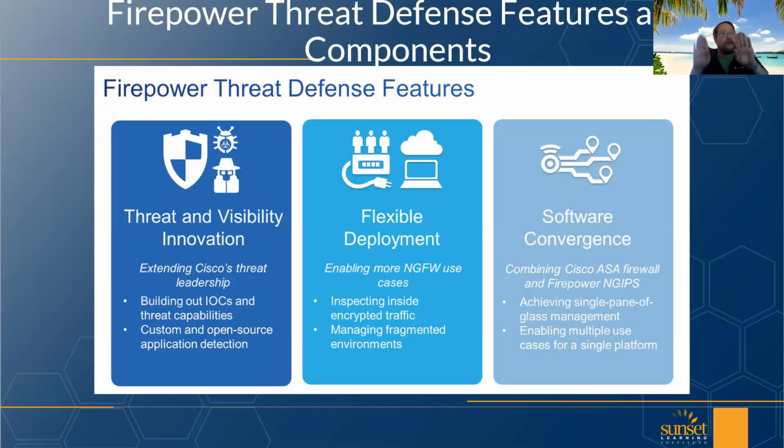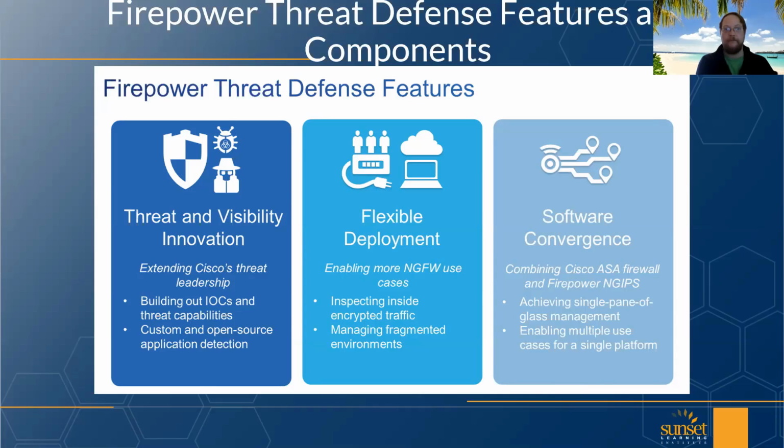So those were actually two separate pieces. What is that? Holy smokes, 15 years ago? Sorry, time flies. Yeah, 15 years ago, they were two separate pieces. They were managed completely separately. Now what we've done is we've converged that management into the FMC, the Firepower Management Center.